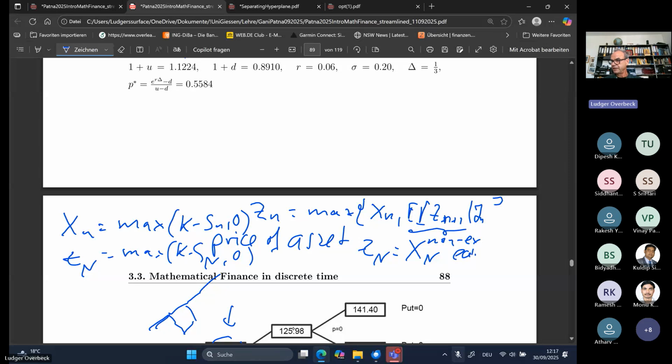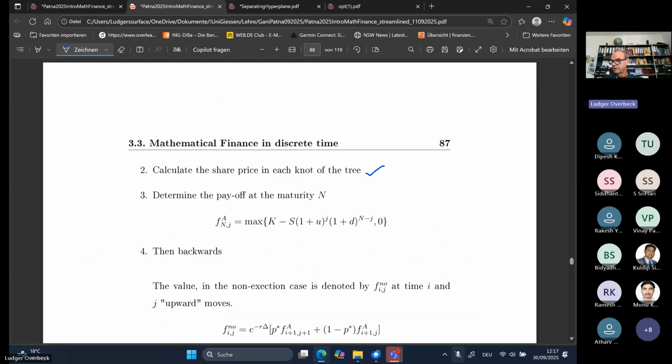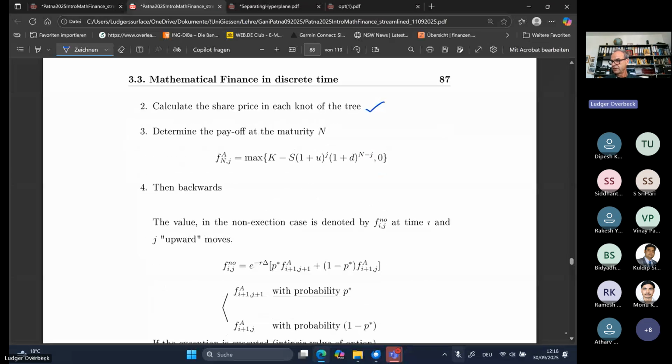If you don't execute here, the value is a discounted cash flow from the cash flows after this one. So you take the risk neutral probability here. Go backward. If you don't execute, then you only get the value one time later. In the case of F index n minus 1, two points up, you are exactly here.